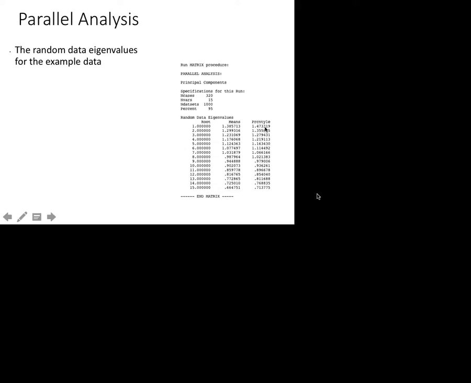And so that's the column that we're going to be looking at. And so here, I don't know if it's the most important, but it's probably one of the first really critical tables that SPSS gives us. It's the total variance explained table, and we can see that for the first component, the eigenvalue is 3.004.